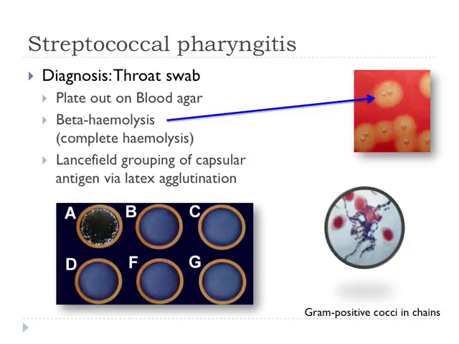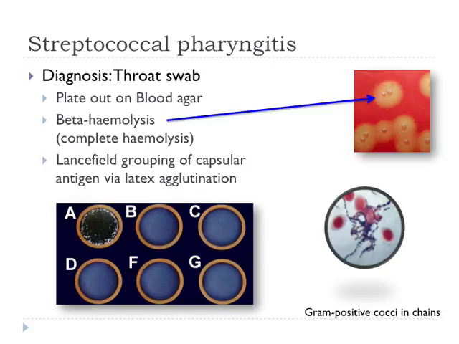This is in contrast to what's called alpha hemolysis, where you get some breakdown of the cells, but you're still left with a reddish, a greenish pigment typically there. Anyway, the other thing we do is that we can then type the organisms.